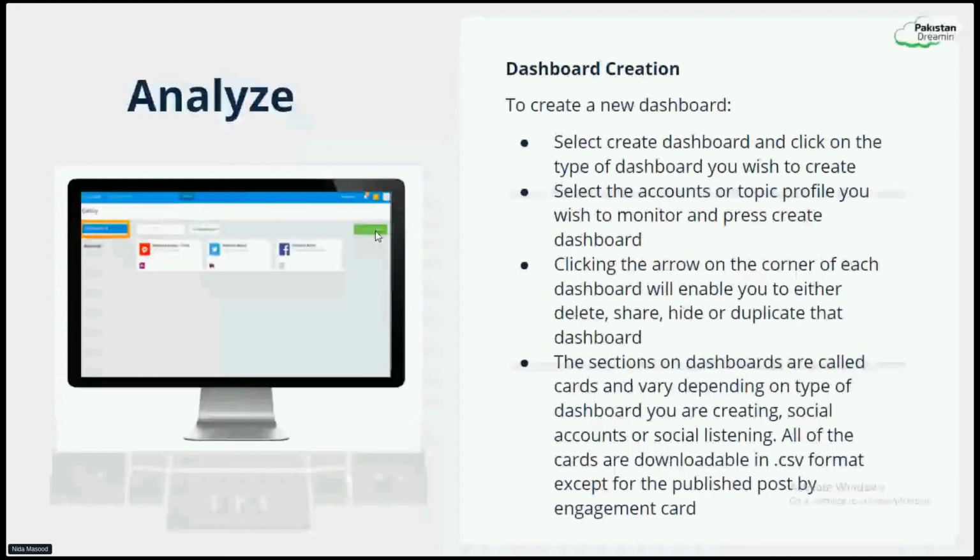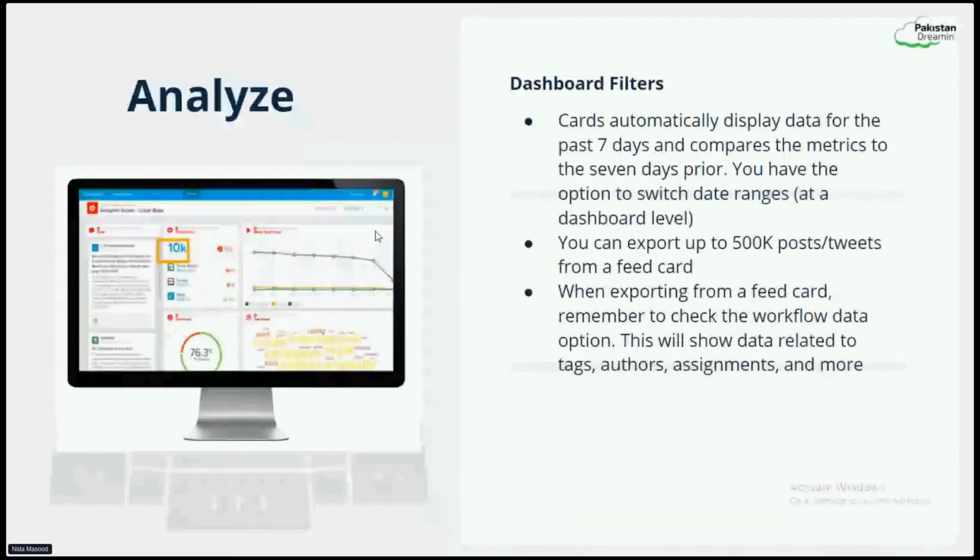For example, a social account dashboard will be specific to Facebook, Twitter, or Google Plus. Then you can filter your dashboards by date range, see the sentiments, the emerging new keywords, and all the relevant posts in the dashboard as well.